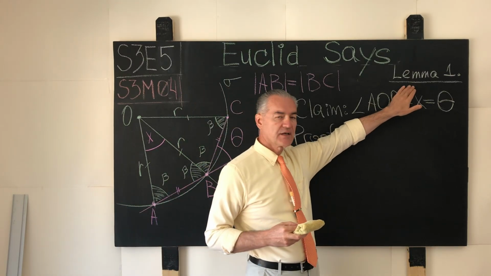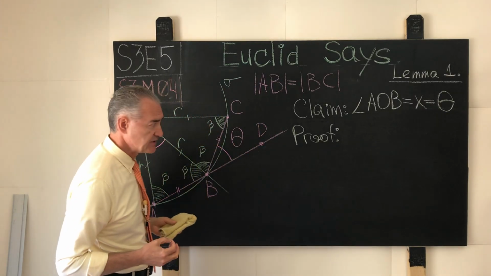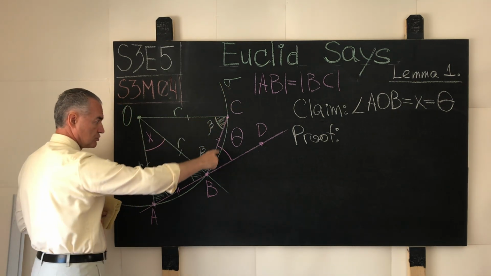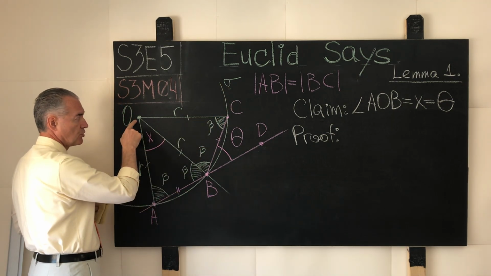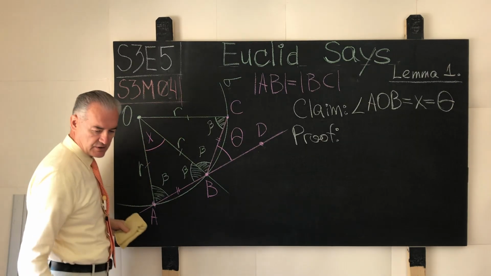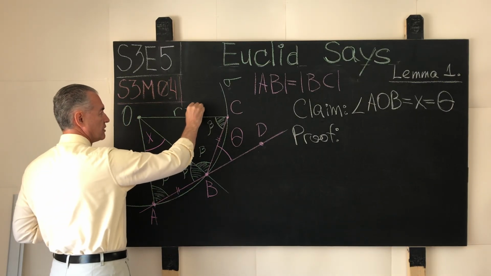We will refer to it as lemma 1 for lack of a better name. The setup in this lemma is the following. Let sigma, shown in green, be a circle centered at the point O with the radius r. Everything is non-trivial: r is greater than 0.